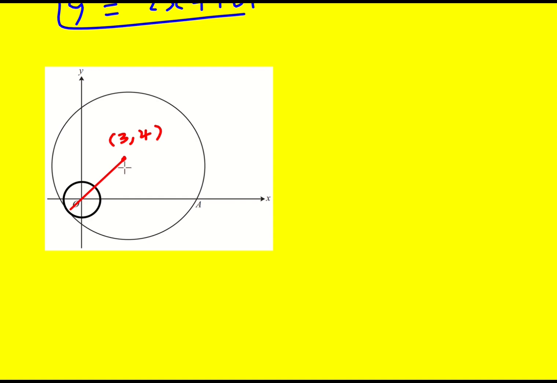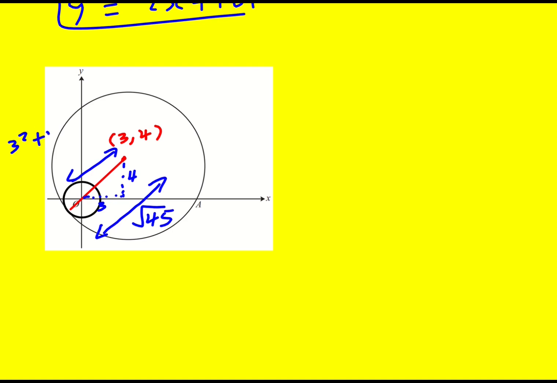And so I need to think about the length that I have. In fact, I know that the full length, remember, is root 45. And now we also have a right angled triangle with length 3 and 4. So I can work out this length here as well.